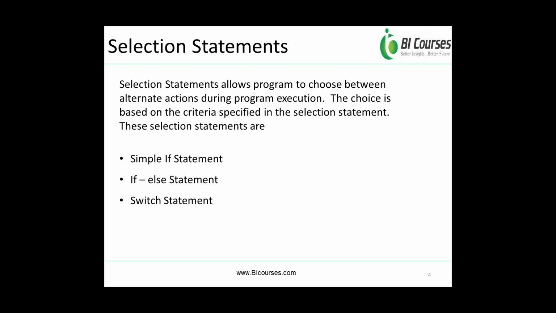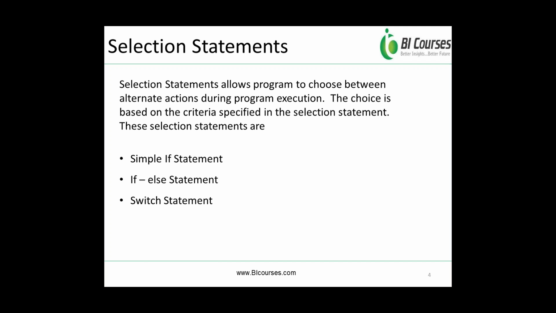Selection statements allow the program to choose between alternate actions during program execution. The choice is based on the criteria specified in the selection statement. We'll have one condition or expression. If that expression is satisfied, what do we have to execute, and if it doesn't, what do we have to execute?